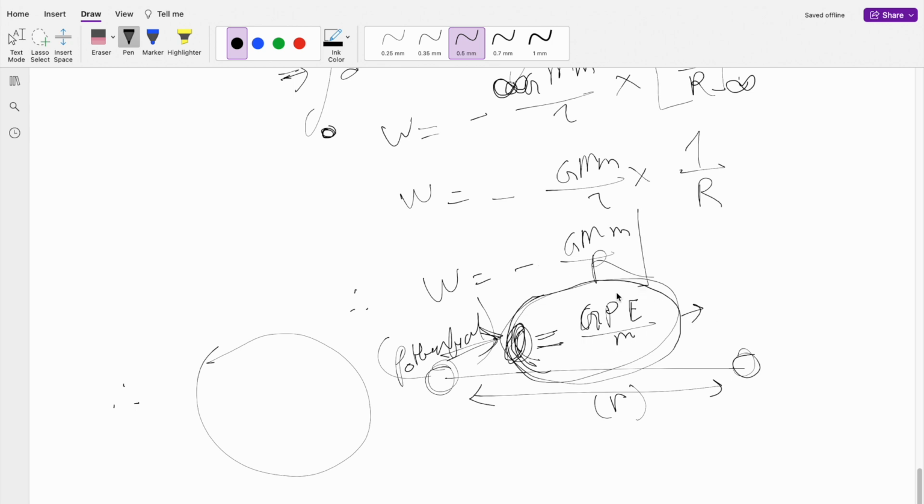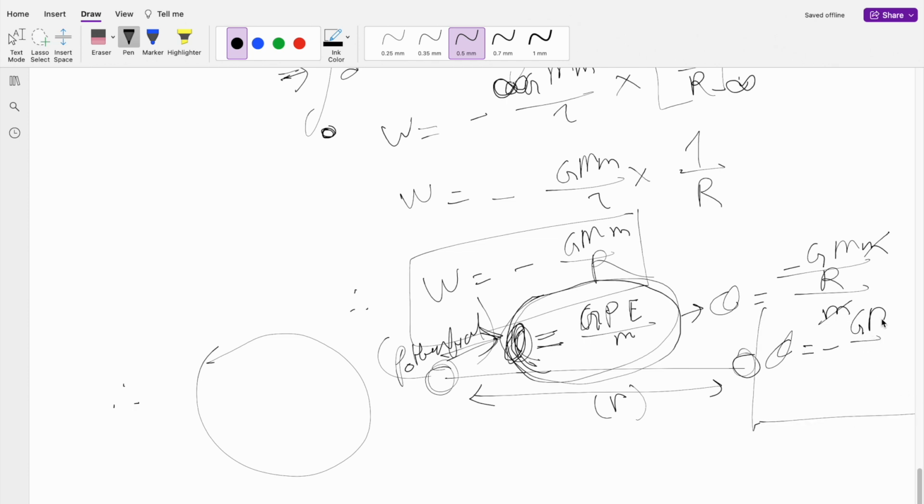The gravitational potential energy is minus GMm divided by r, the m's cancel, and hence you get minus GM divided by r.